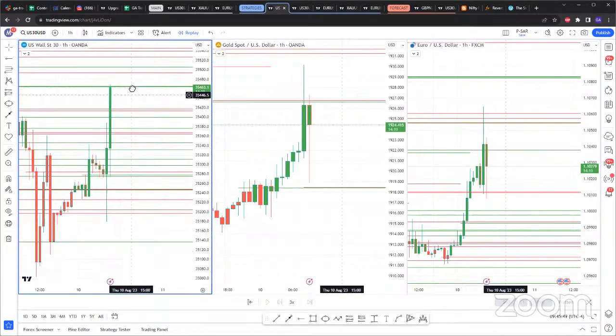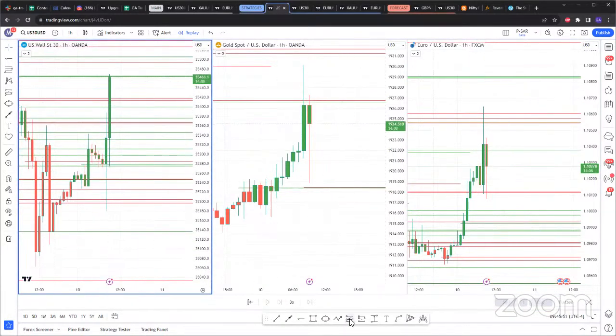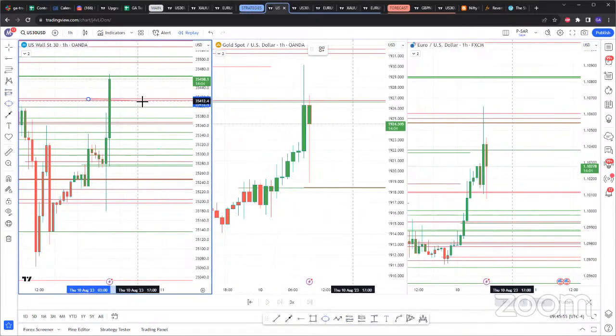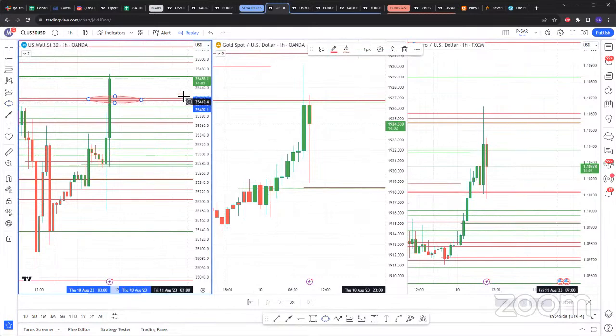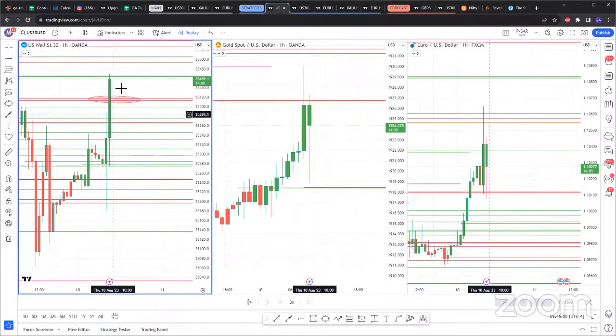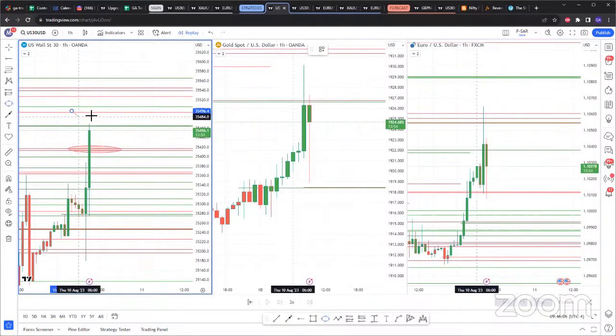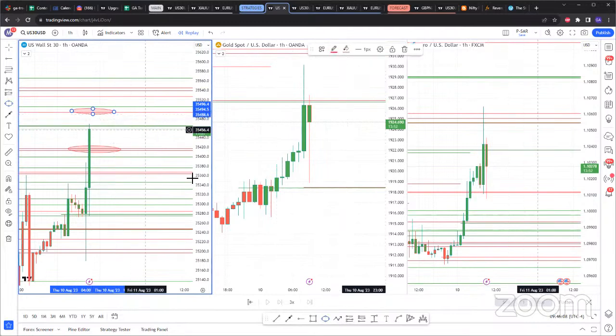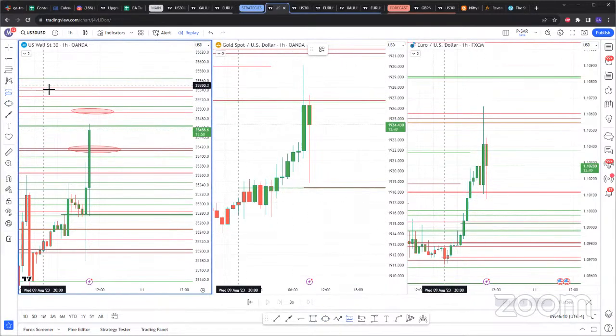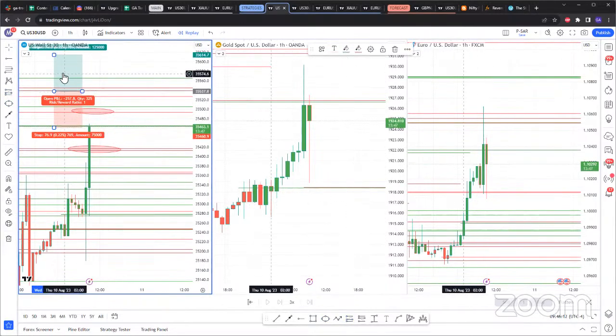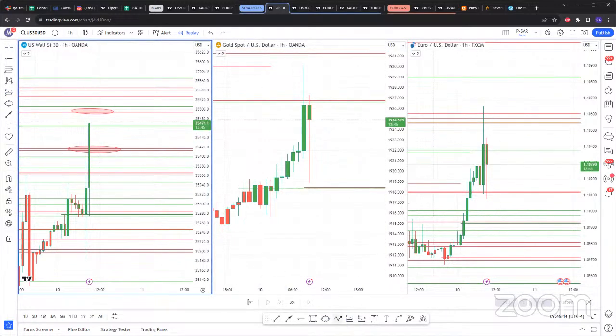For example, here on the SAR, you can see we have this double SAR region right here. This is a good area to sell US 30, but you'd need two candle closures below this zone. The next area is this one right here, a single SAR. The next area that's good for sells on US 30 is this zone up here.